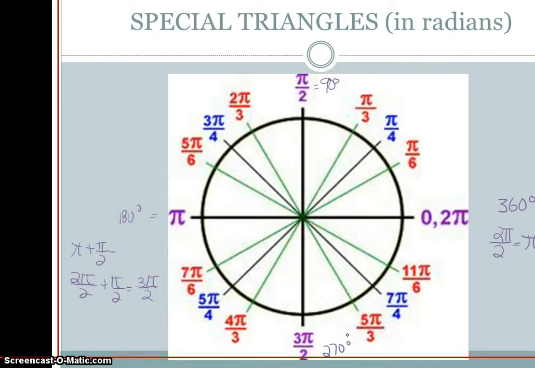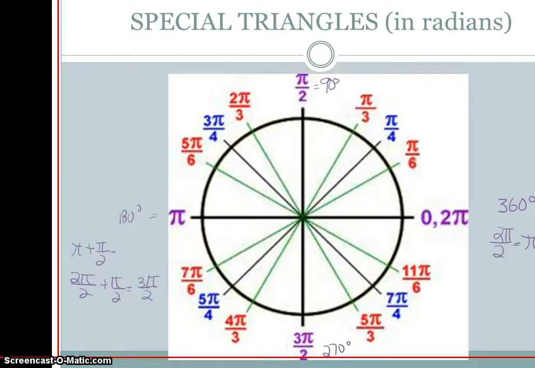So these are the key important ones that we need to remember when we break the unit circle up into the 360 degrees into 4 equal parts. So pi over 2 corresponds to 90, pi is 180, and 3 pi over 2 is our 270. And then once again, when you get back to the beginning, we have 0 and 2 pi.